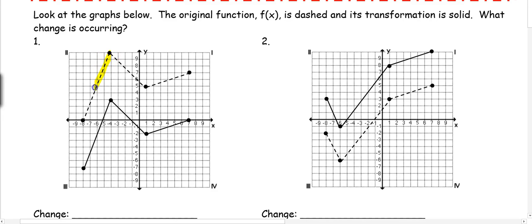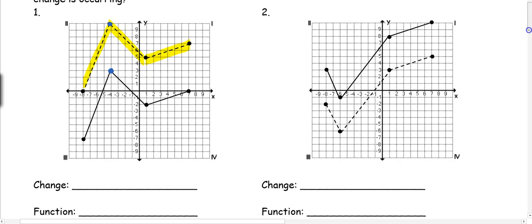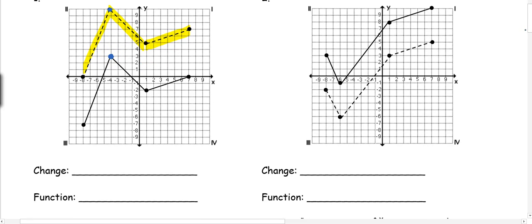What change is occurring? The dashed line is my original function. I'm going to pick the same point on my original and on my new function. In this case, I picked the maximum point for each function. I'm going to look at the change. I notice that I went down from one function to the other, but I want to know how much.